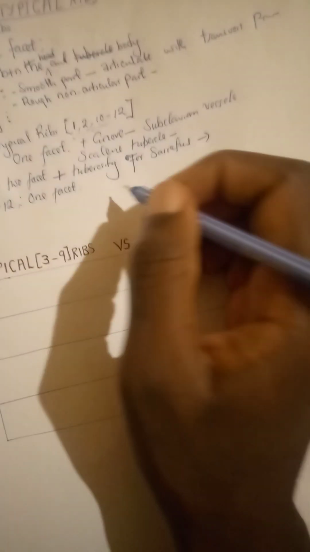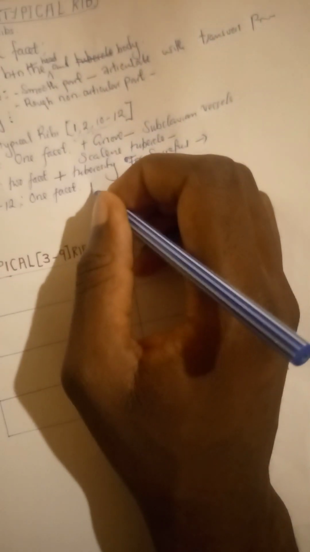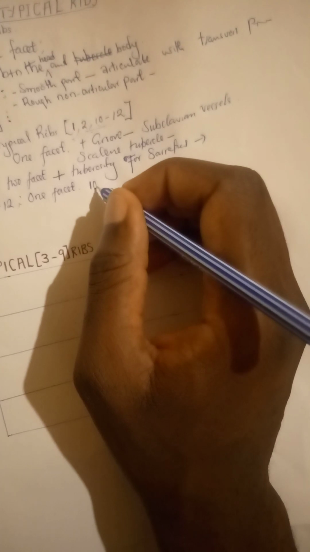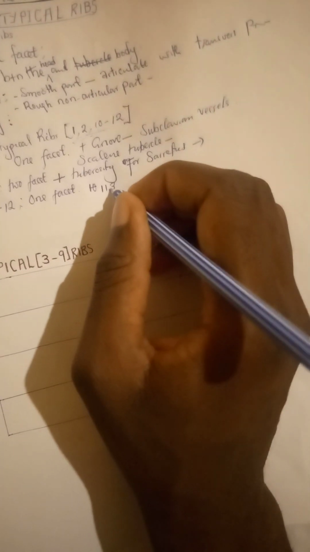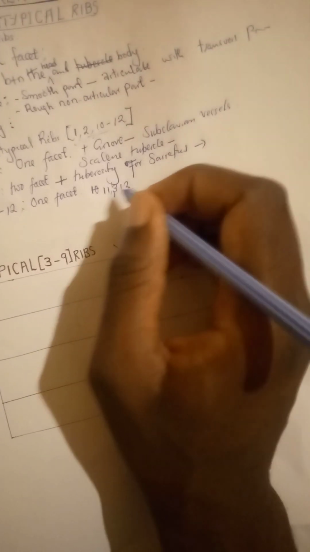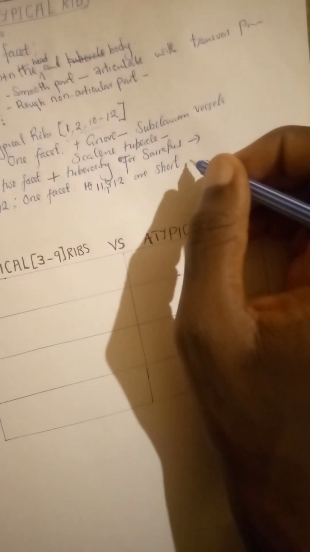Aside from that, you will notice that ribs 11 and 12 are short as compared to the others.